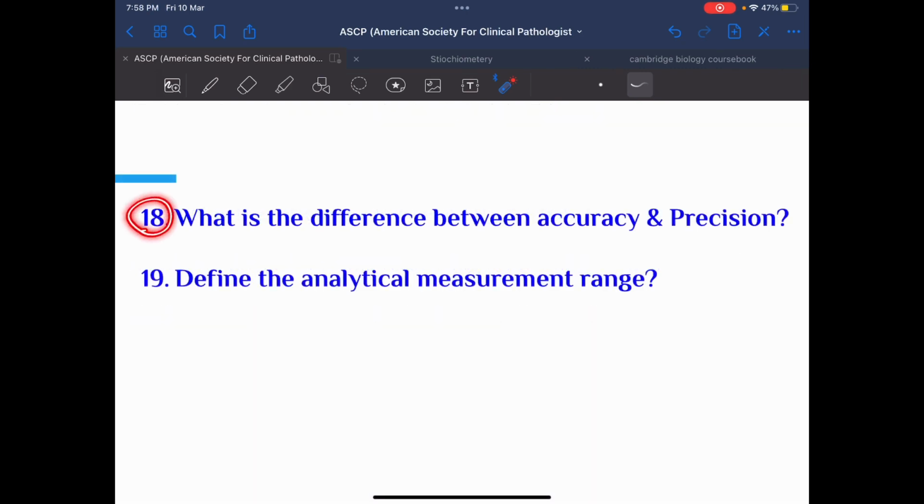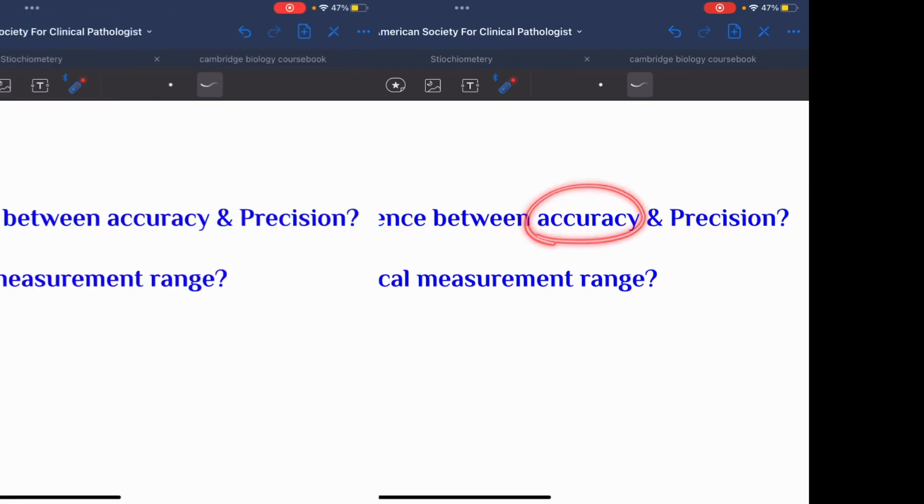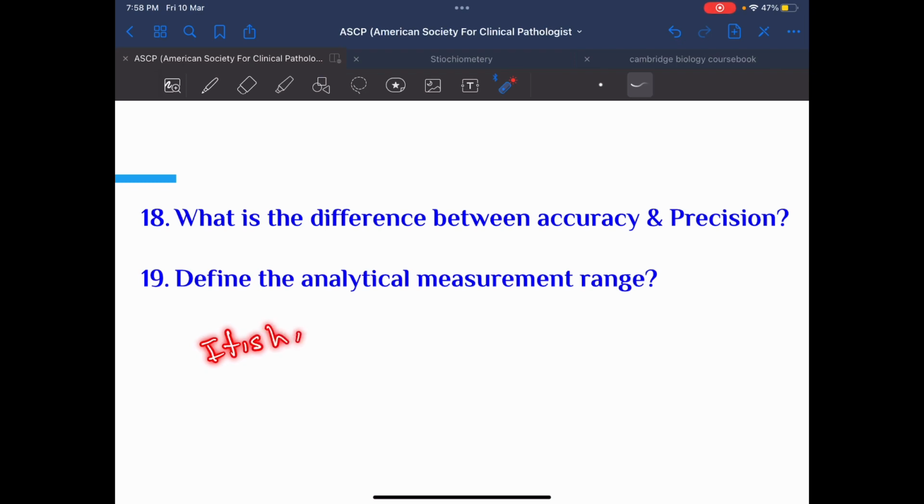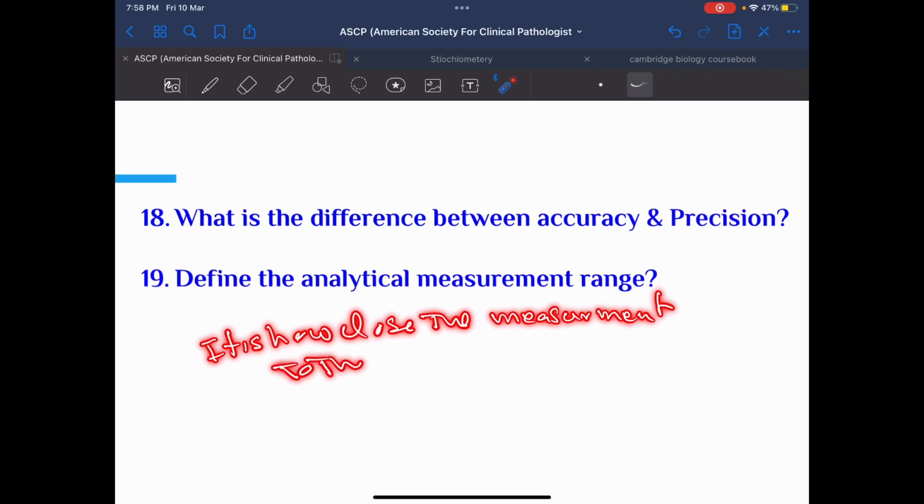Question number 18. What is the difference between accuracy and precision? Accuracy is how close the measurement is to the true value.